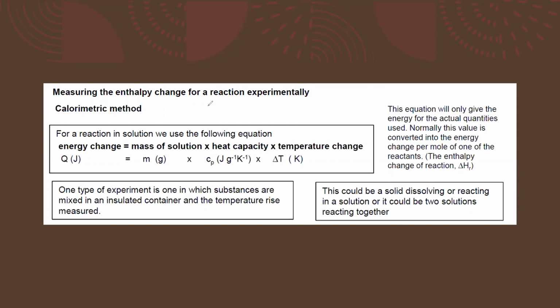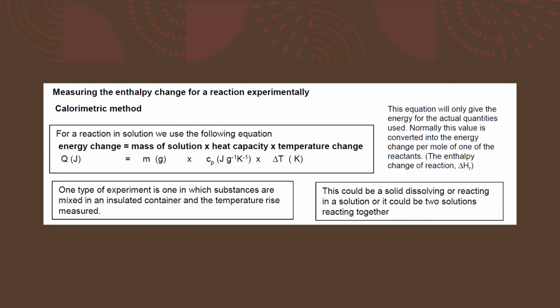So we can use this formula from physics. Energy is equal to specific heat multiplied by mass multiplied by temperature change. We can find how much energy is absorbed by the water during a chemical reaction. And using this, the energy absorbed by the water divided by the number of moles, we'll get the enthalpy change per mole.